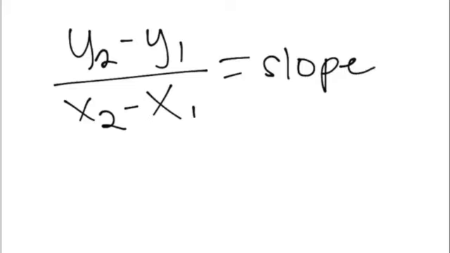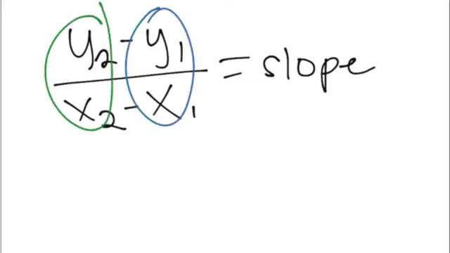Now here's the dilemma. We want to find the slope at a certain point. We only have that one singular point. But you can clearly see in this equation that we need 2 points to make this equation work. So how can we modify this equation to work with only 1 point?